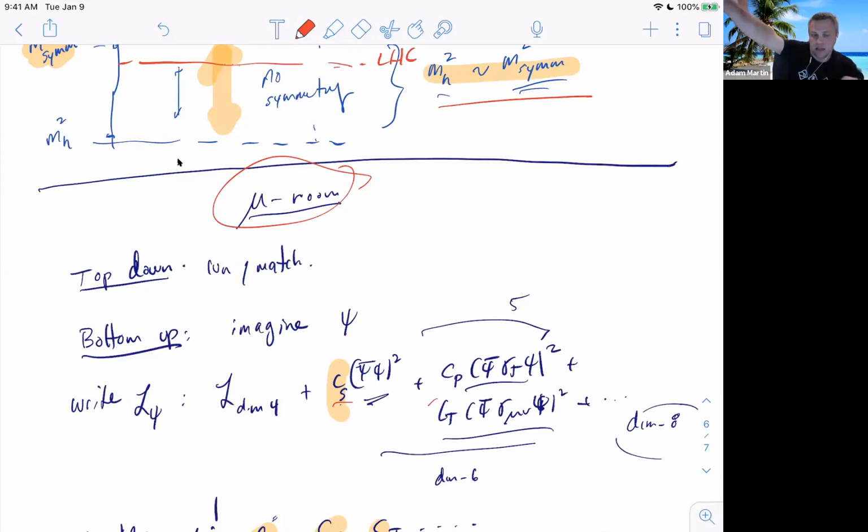Say one energy is the LHC, and one energy is a low energy electron fixed target experiment. Those are not the same, right? One's 13 TeV, one's 10 MeV or whatever we're doing. In order to connect them, I have to know how the operators mix among each other. And in order to do that, I have to know loops.